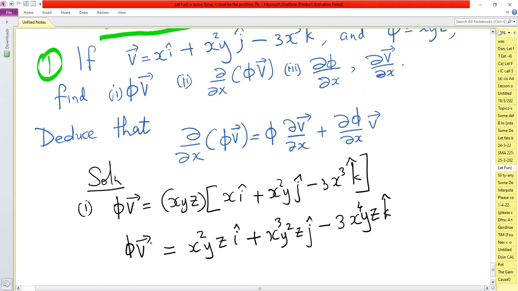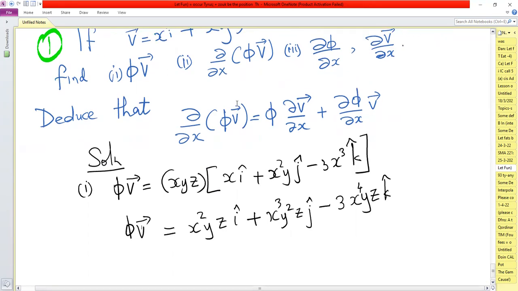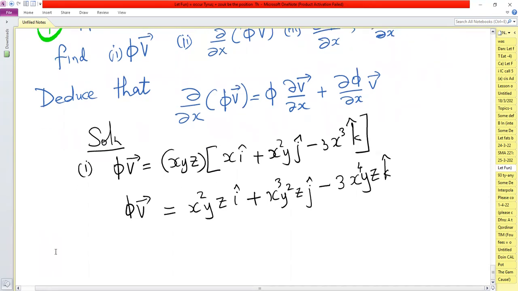After defining phi v, the second part is to find the partial derivative of this vector with respect to x.